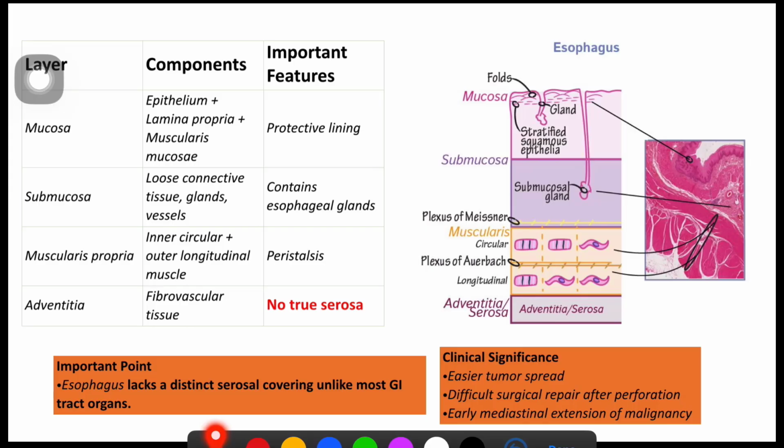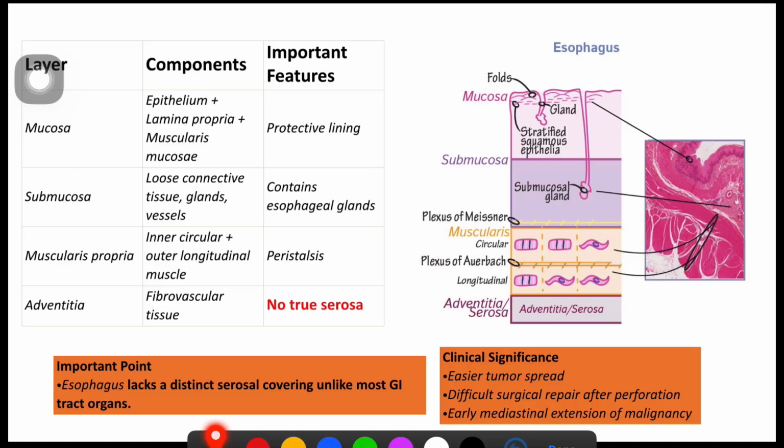Whenever we get an endoscopic biopsy, only the mucosa part is received. You will not get submucosa most of the time. So, in this biopsy, you have to identify epithelium, lamina propria and muscularis mucosae.